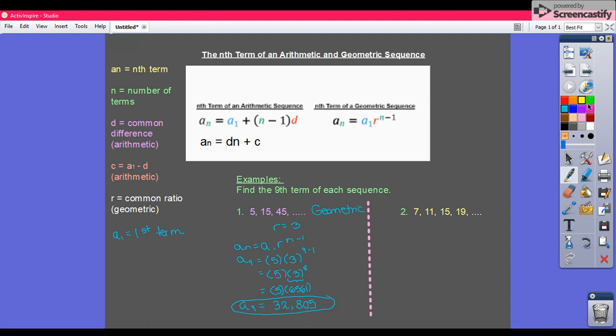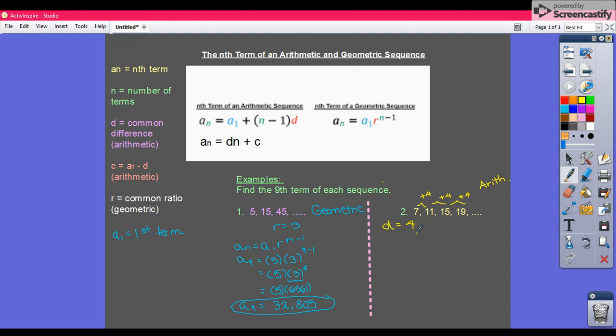And then if I look at the second sequence, there is a common difference because to get from one number to the next, I am constantly adding 4. So common difference means I'm adding or subtracting the same value again and again. So I'm going to make a note that this is arithmetic and that there is a common difference of 4.